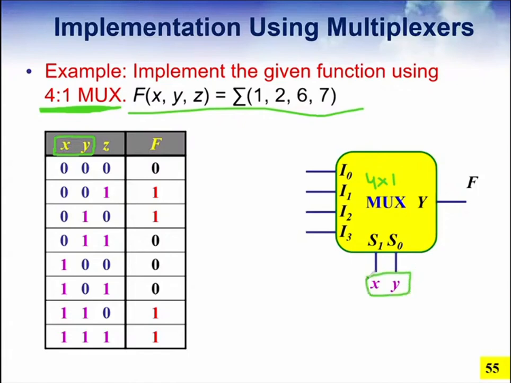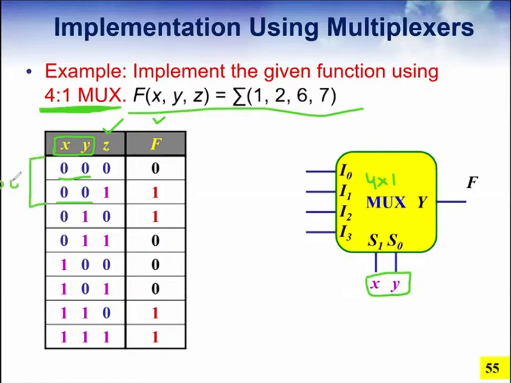Now, because we have 8 minterms but only 4 inputs, I will find my inputs in terms of Z as the input. So Z is my input. Now look here. XY is 0, 0 and 0, 0. Can you see? Both are repeated.